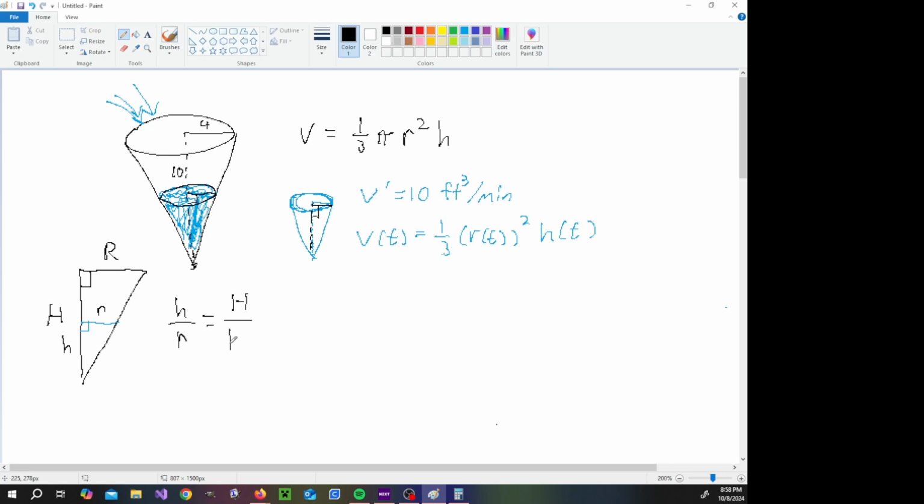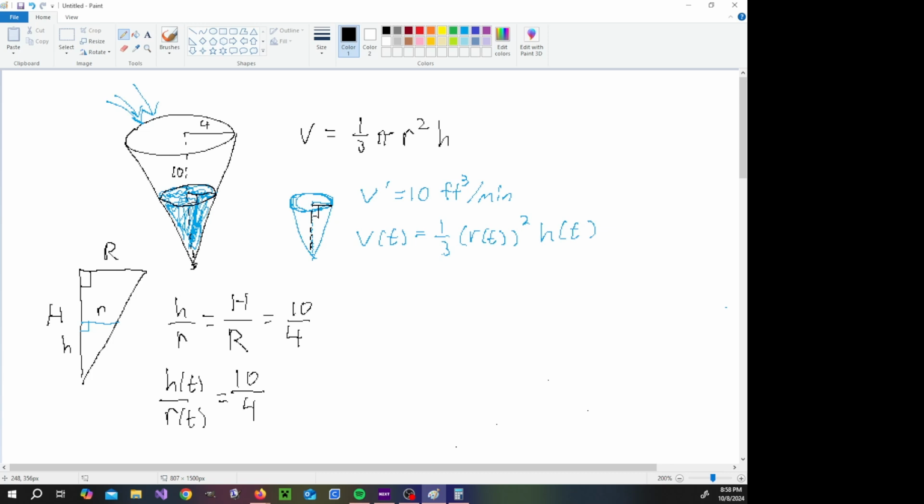So h over r has to be equal to the big H and the big R, which in this case are 4 and 10. So I can rewrite R or H purely in terms of the other, thanks to this setup, right? H of t over R of t has to be equal to 10 over 4. We have to keep this ratio. So I can replace either one.